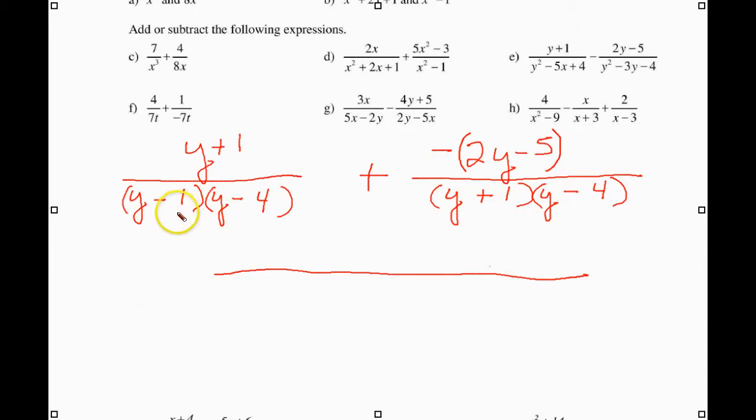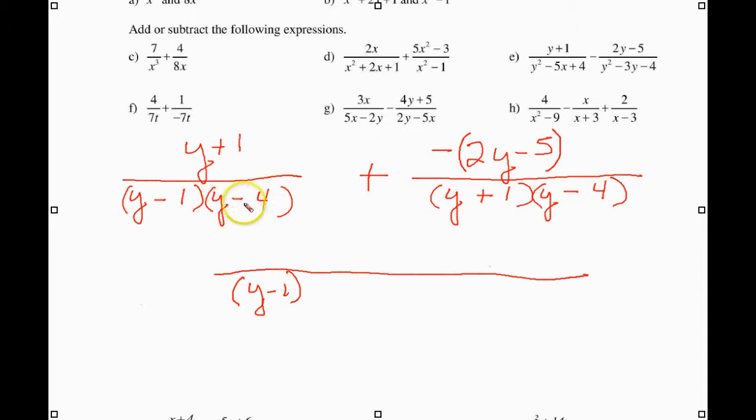Now, let's determine what our common denominator will be. What's the greatest number of times that x minus 1 is used as a factor in any one factorization? Well, it's used once, so we need one of them, y minus 1. Now, y minus 4 is another factor.